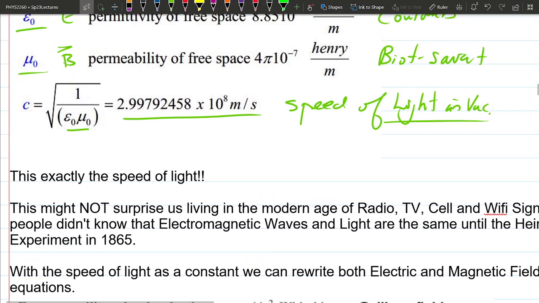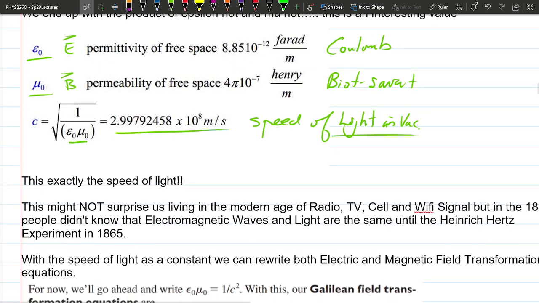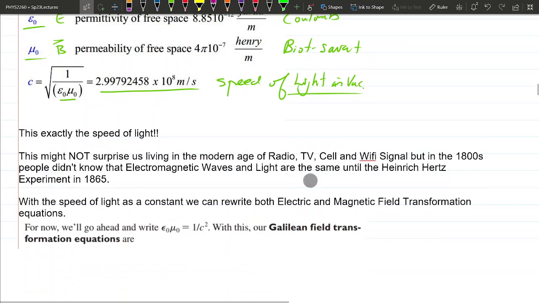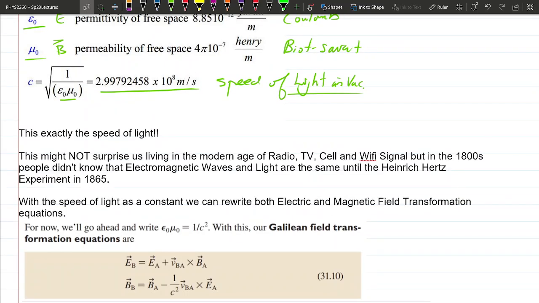Okay? So to you guys, because you grew up in the 21st century, it may not be a surprise that electricity and magnetism is connected to light, because you probably heard of this thing called the electromagnetic field all your life. But imagine this, in the 1800s, when people don't even have light bulbs, right?